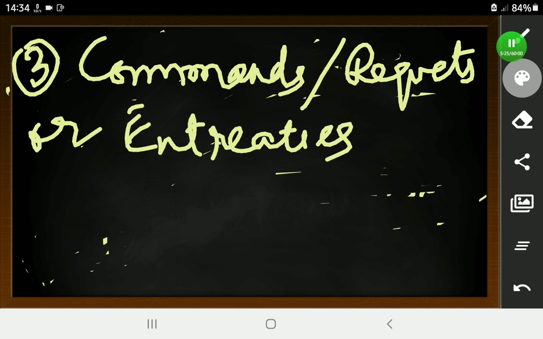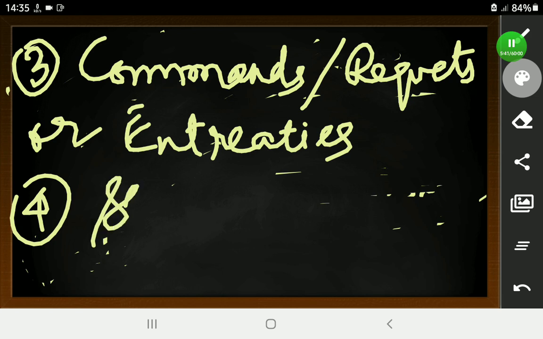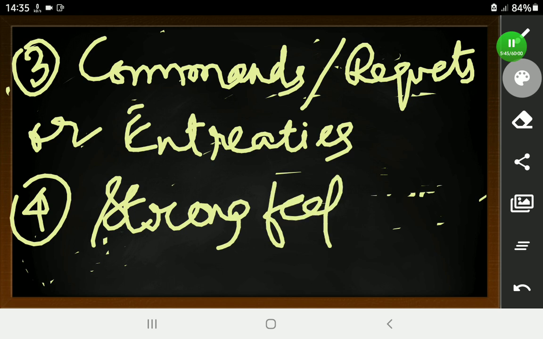Okay, number 4 are those sentences which express strong feelings. Okay, so these are the 4 types of sentences.